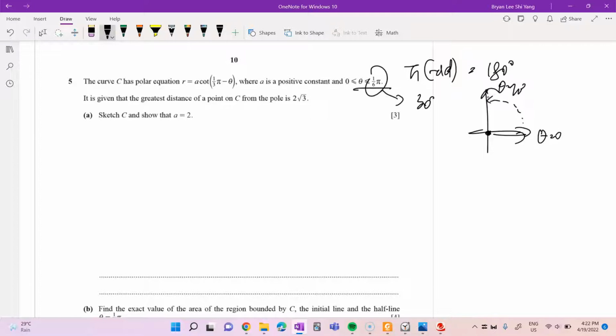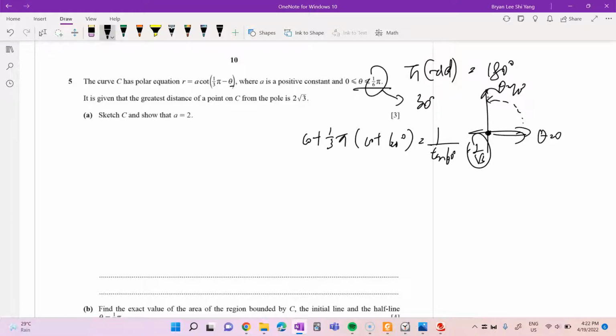Now we need to recall some special values over here. Originally we have cot(π/3). Just think of it as cot 60 degrees, which is 1 over tan 60, which is 1 over root 3.